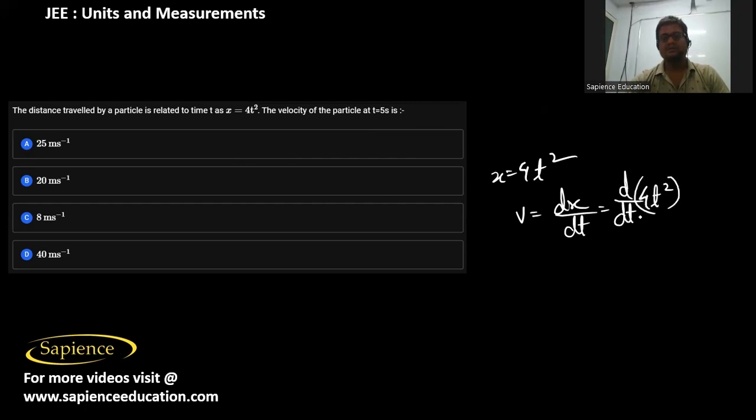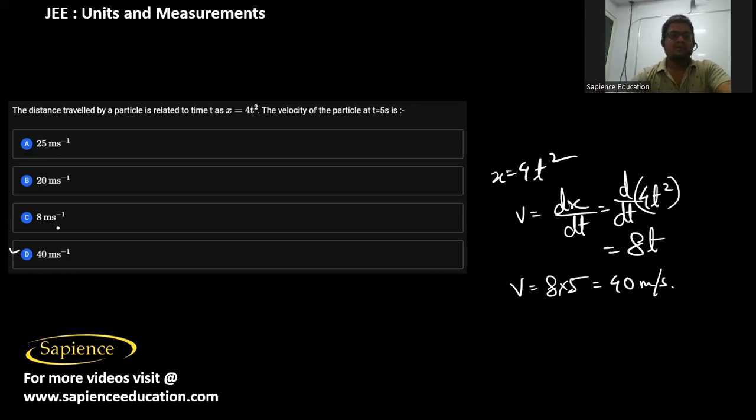So this will be equal to 8t. So the velocity at time t equal to 5 seconds will be 8 into 5, that is equal to 40 meter per second. Option D is the correct answer.